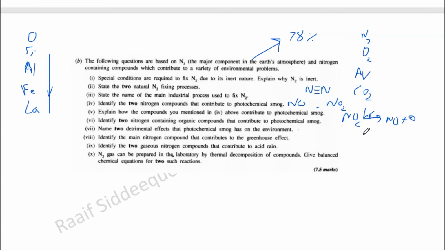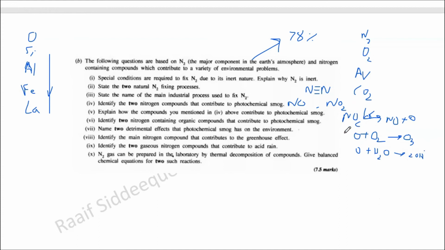And this atomic oxygen can react with O2 and form our main pollutant in the photochemical smog, that is O3, right? And furthermore, this atomic oxygen also can react with water to form, what is it? Hydroxy radicals. Okay, so this will form hydroxy radicals.